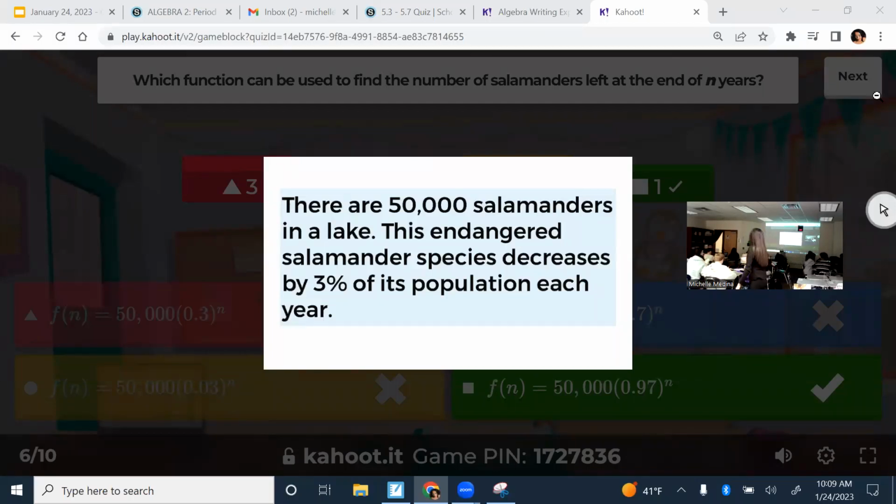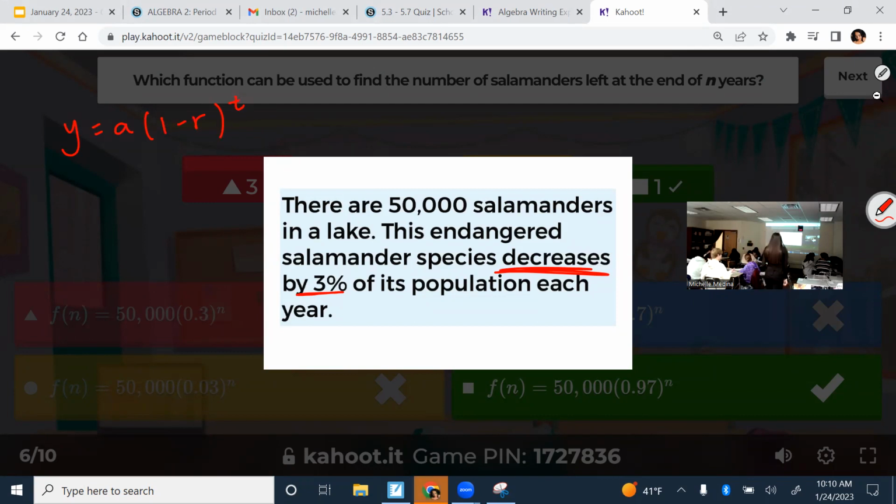When you have problems like this, it's probably good to figure out if it's growing or decaying. So which one? They also give me a percentage versus saying that it's halving or quartering or anything like that. In that case, I'd probably rather use that decay function I showed you that looks like this.